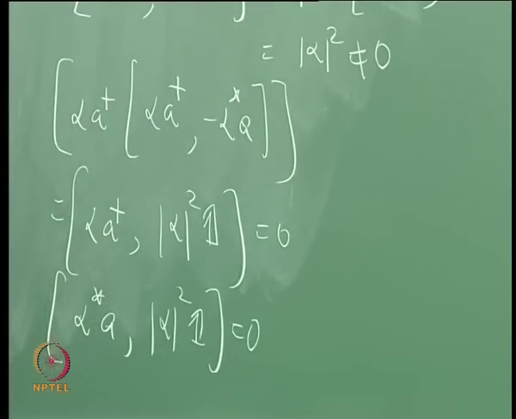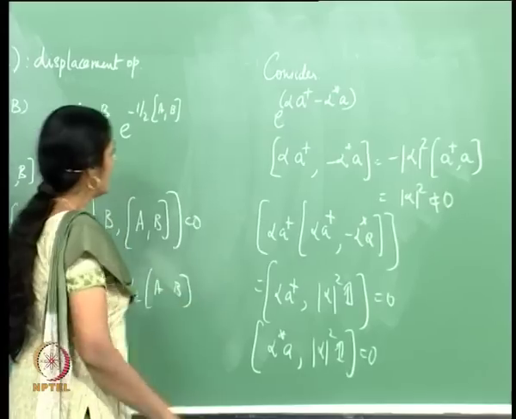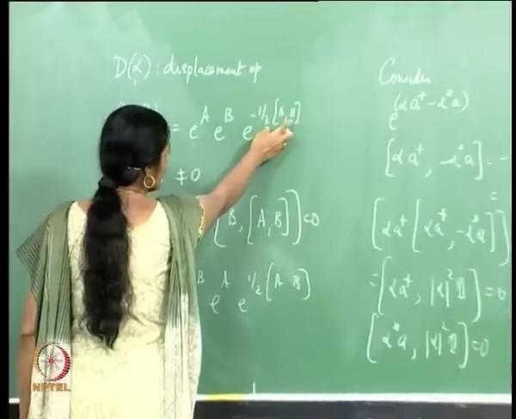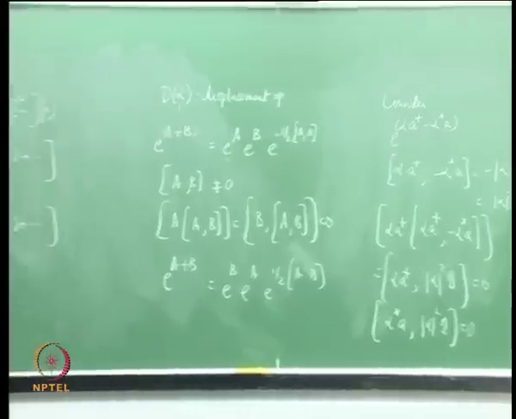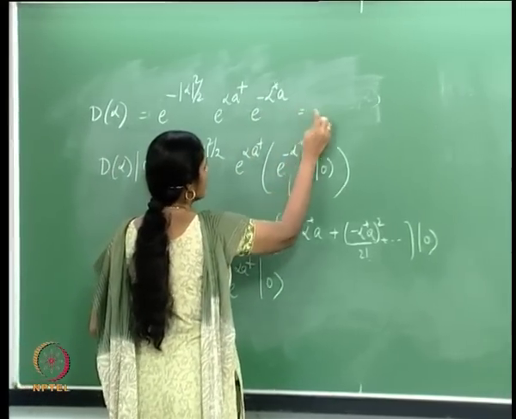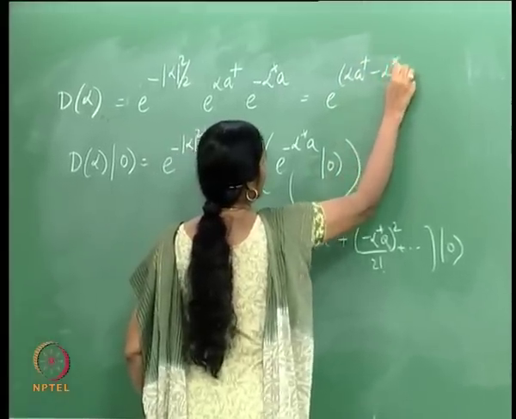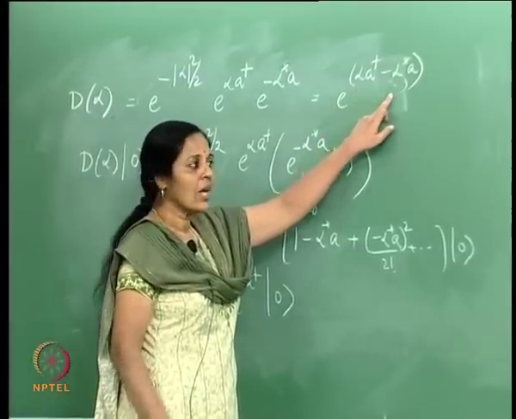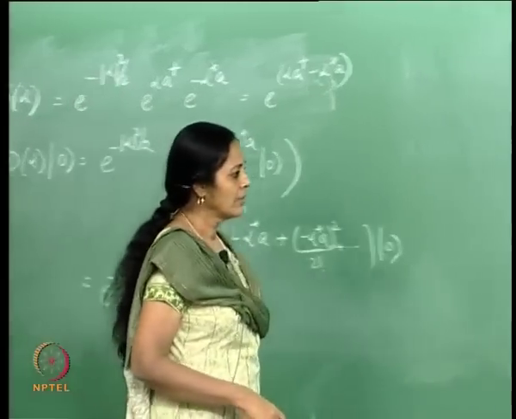And therefore, I can split using this disentanglement relationship. I can split this and write it as e to the alpha a dagger, e to the minus alpha star a, e to the minus half commutator of alpha a dagger with minus alpha star a, which is precisely what I have written here. So this object here is really e to the alpha a dagger minus alpha star a. I could have written it in this manner, or I could have used the disentanglement relationship and written it in this manner.